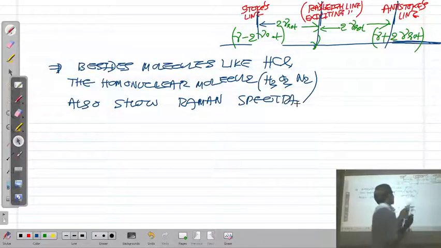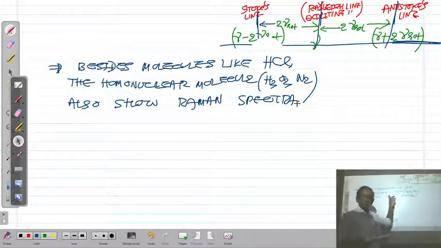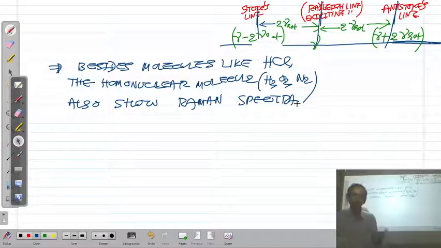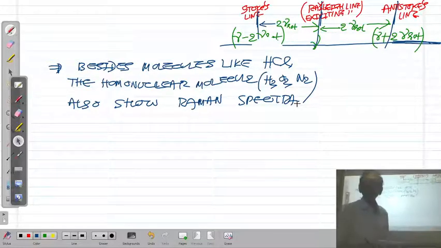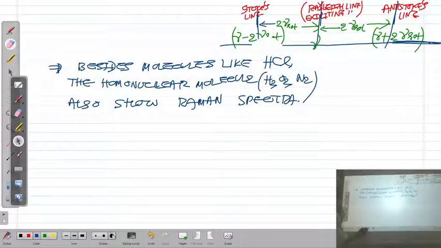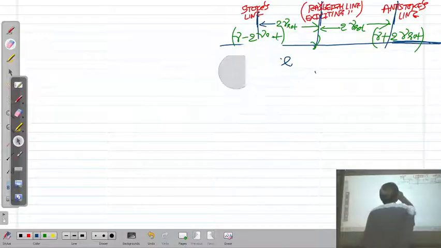But please remember, these homonuclear molecules like H2, O2 and N2 are not giving rotational spectra or vibrational spectra, but they give the Raman spectra because of the induced dipole moment in the molecule when radiation is incident. Dipole moment is induced in the molecule, as a result we get the Raman spectra.